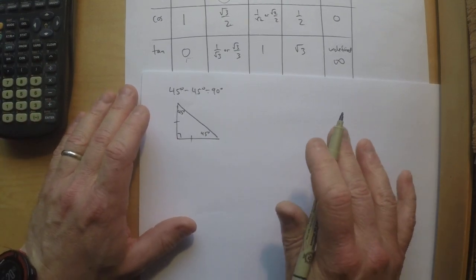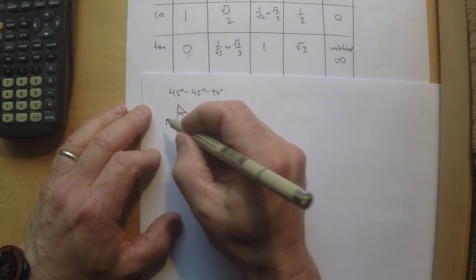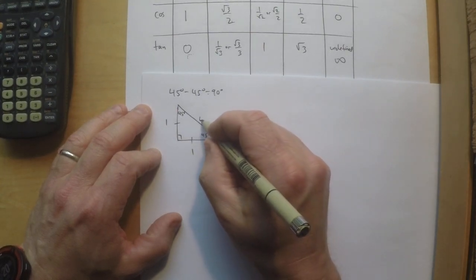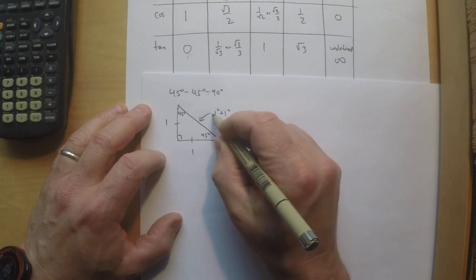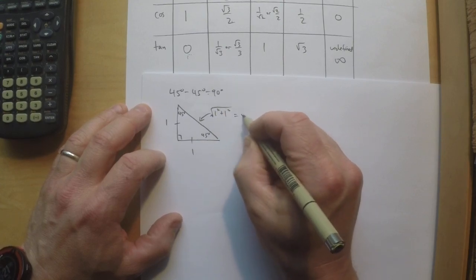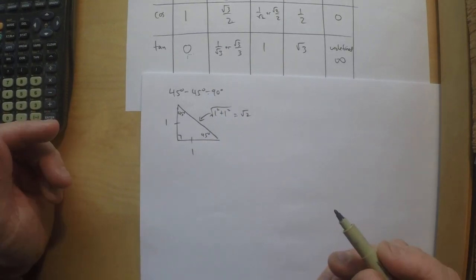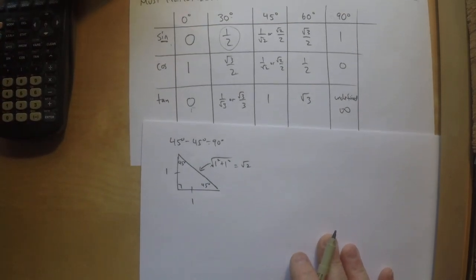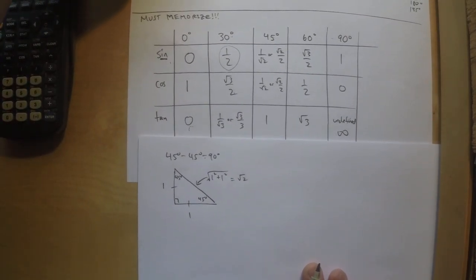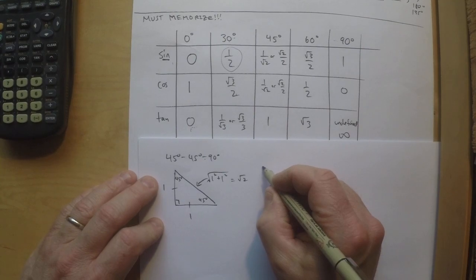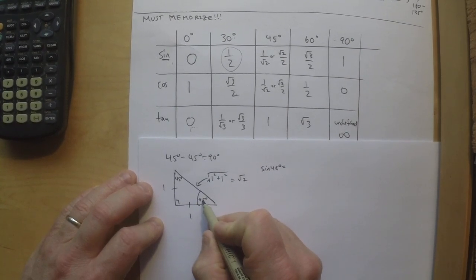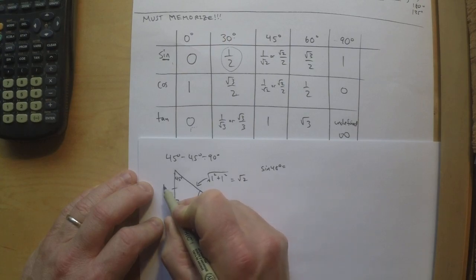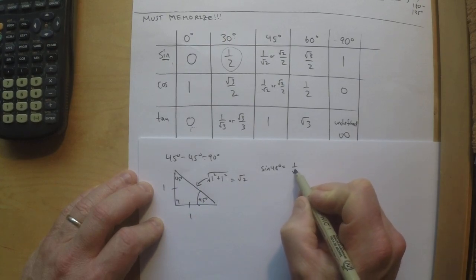So if I make this length 1 and this length 1, this, by Pythagoras, has to be 1 squared plus 1 squared, square rooted, which is root 2. If I sit at 45 degrees, sine of 45 is opposite 1 over hypotenuse root 2.